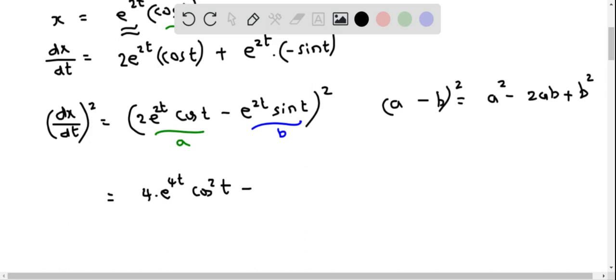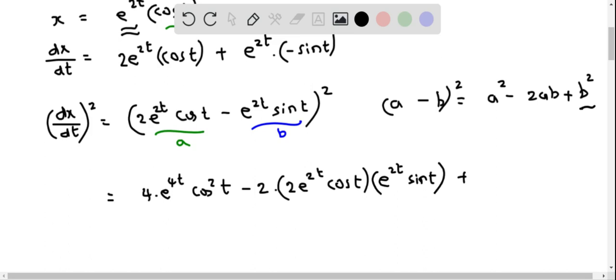Then we have negative 2 times a, which is 2 e^(2t) cos t, multiplied with b, which is e^(2t) sin t. Then plus b squared, that is the square of e^(2t) sin t, which is e^(4t) sin squared t. So this is the expression for (dx/dt) squared.